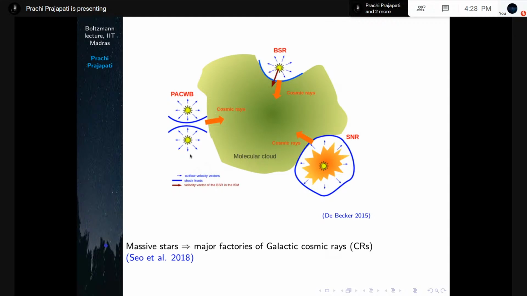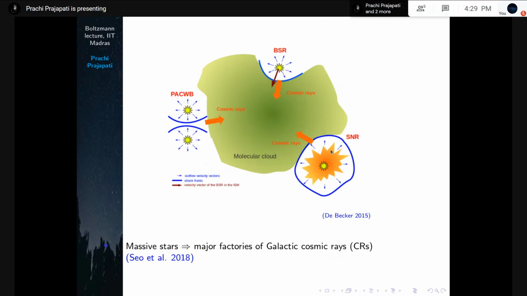So during the whole life of massive stars, we expect them to accelerate particles in these three different scenarios, as known today. First is particle acceleration in colliding-wind binaries, which I talked about, which is the binary system case. The other is the bow-shocked region, where the runaway star can cause particle acceleration.